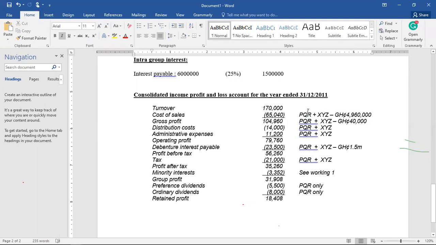So your consolidated income surplus account here, to get this answer, is the 125,000 that you have there plus the 50,000, bracket close, minus the 5 million.